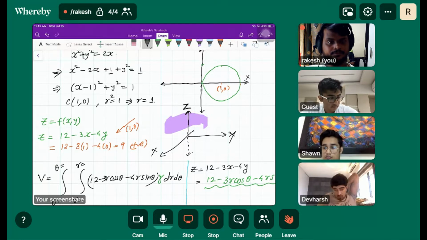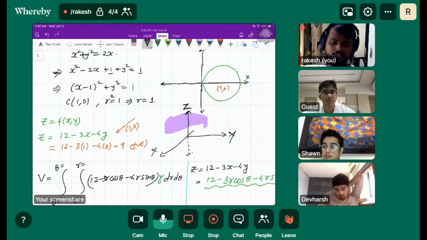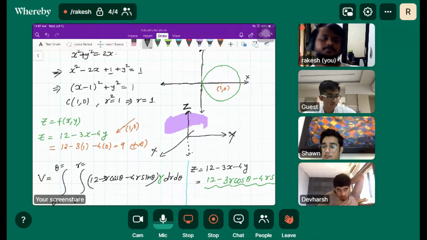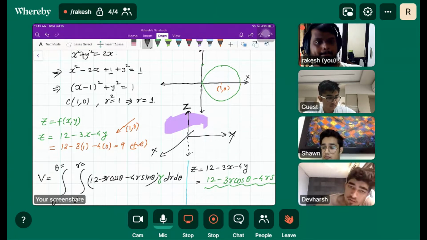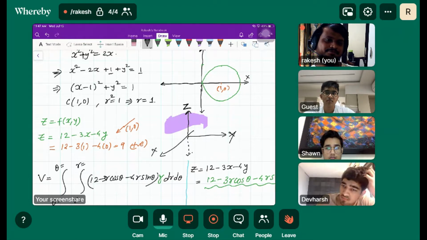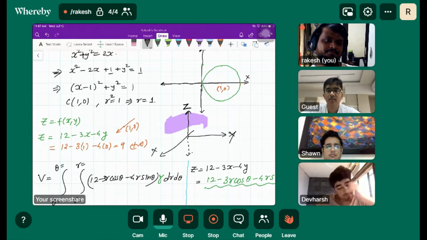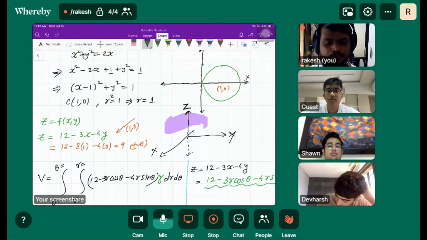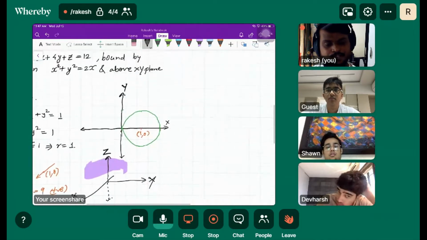Can you tell me the lower limit of r? Is it 0? Okay, what is the upper limit?